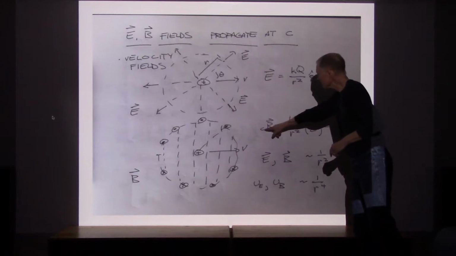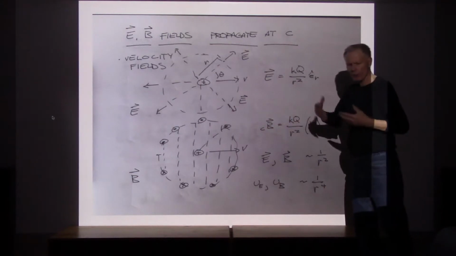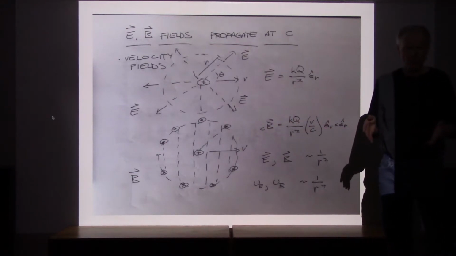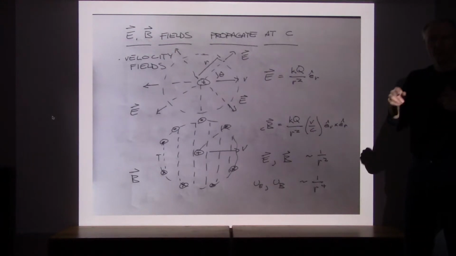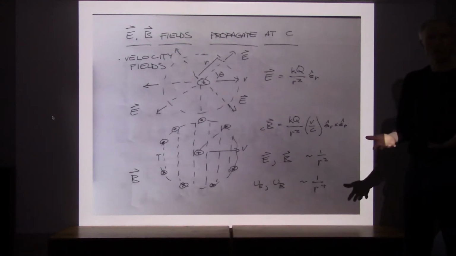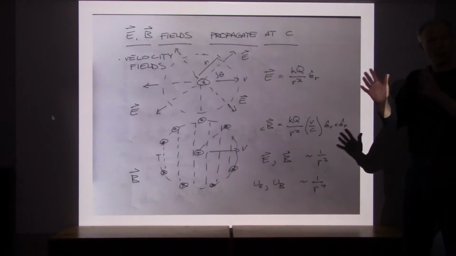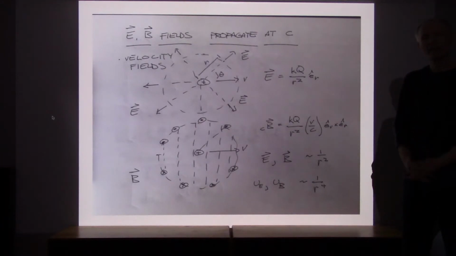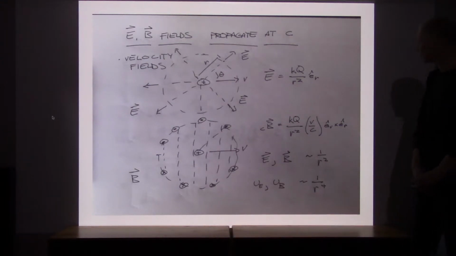Now, I've written this as c times B, and for this chapter in particular, thinking of magnetic fields as cB is going to allow us to see a lot of the unification, a lot of the parallels between the electric and the magnetic components of the field.